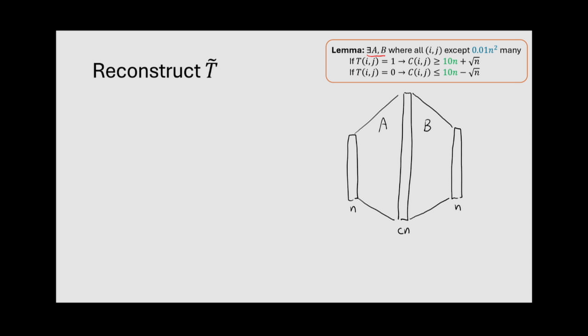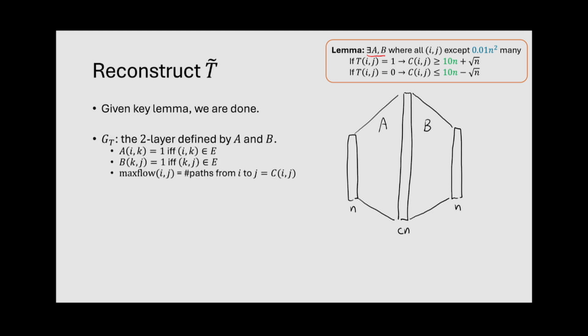So we will now construct the graph GT, given T, and let's say that we have the matrices A and B from this lemma. Now I construct the graph GT like this.